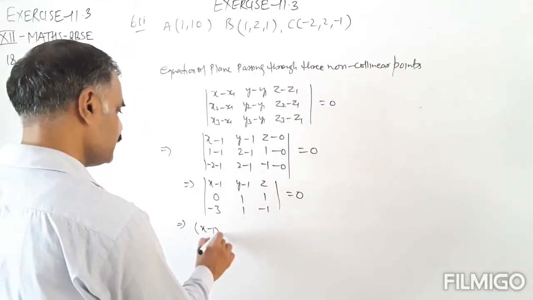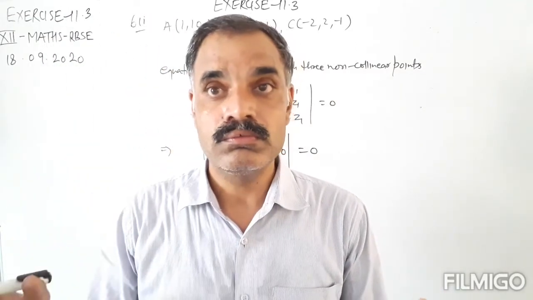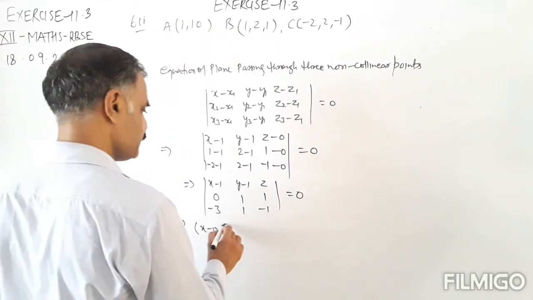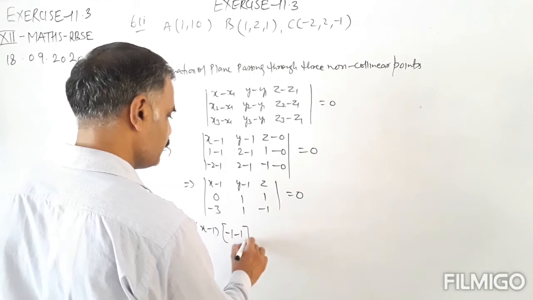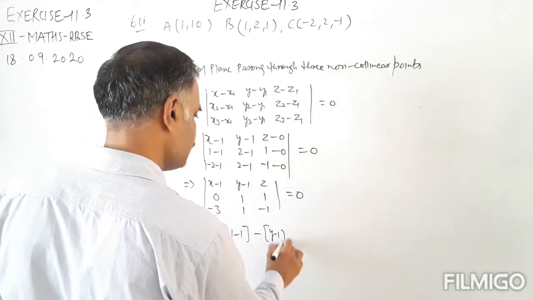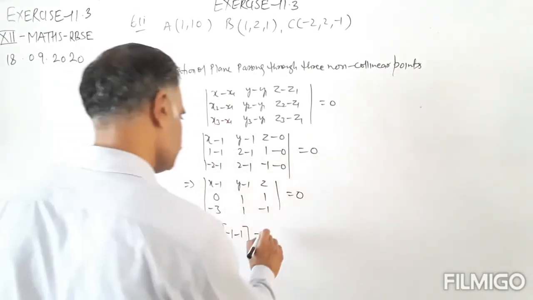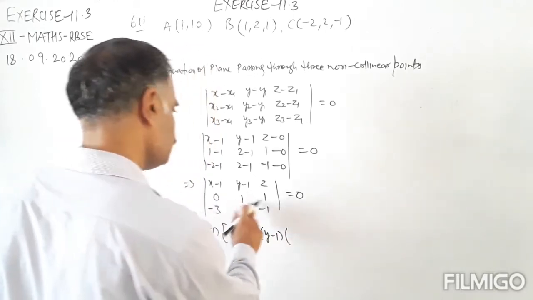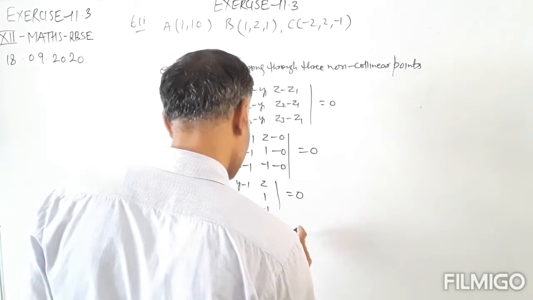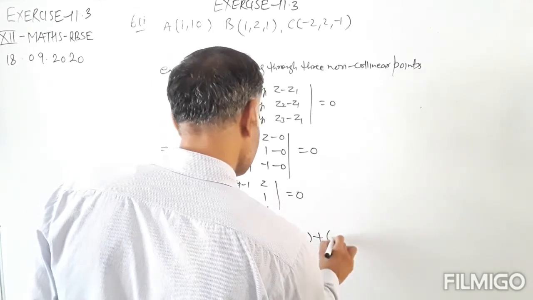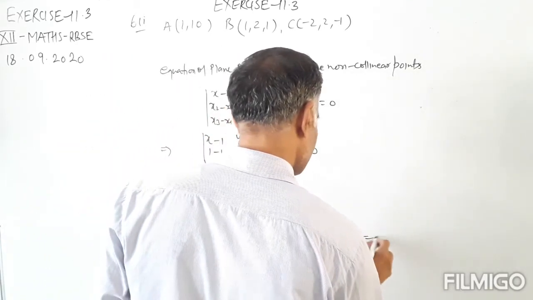Okay, so x minus 1 into, expanding this determinant along row first, x minus 1 into 1 minus minus 1, minus y minus 1 into 0 minus minus 0, and minus 3 into 1 minus 3, plus 3, plus z into 1 into 0 minus minus plus 3 equals to 0.